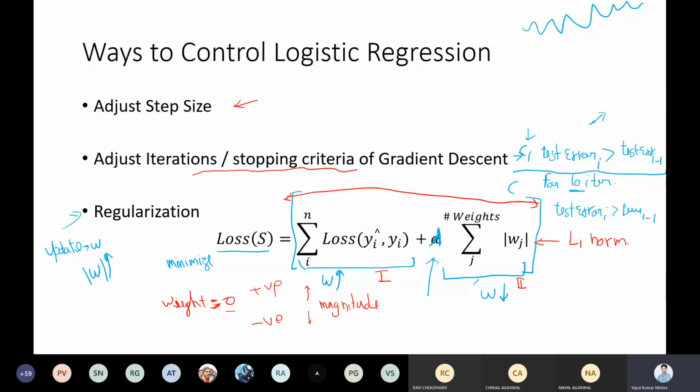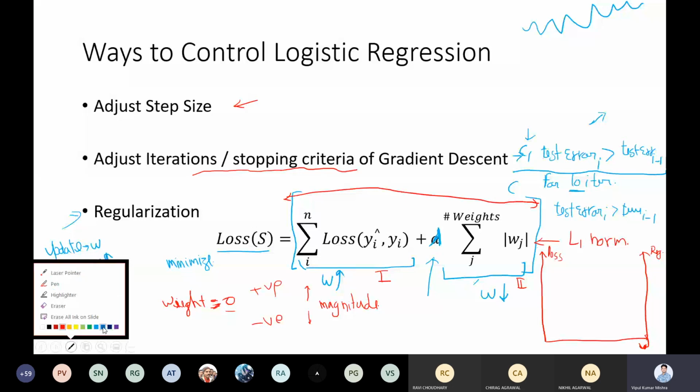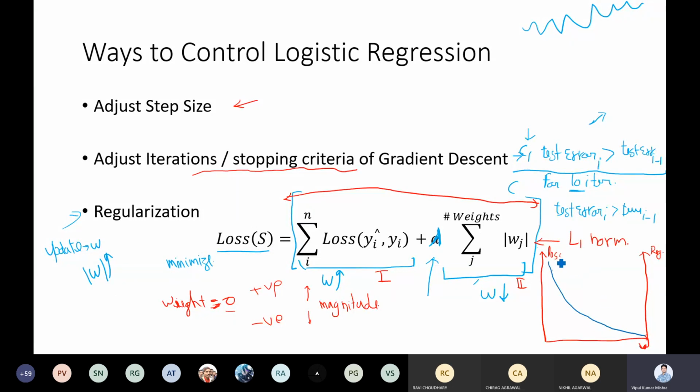Let me make a graph, then it will give more clarity. Let me say this is the graph, and this one is the traditional loss, and this is the regularizer, and this is the weight value W. Suppose as we decrease the loss, the weights will increase, if you talk about the traditional log loss or squared loss.